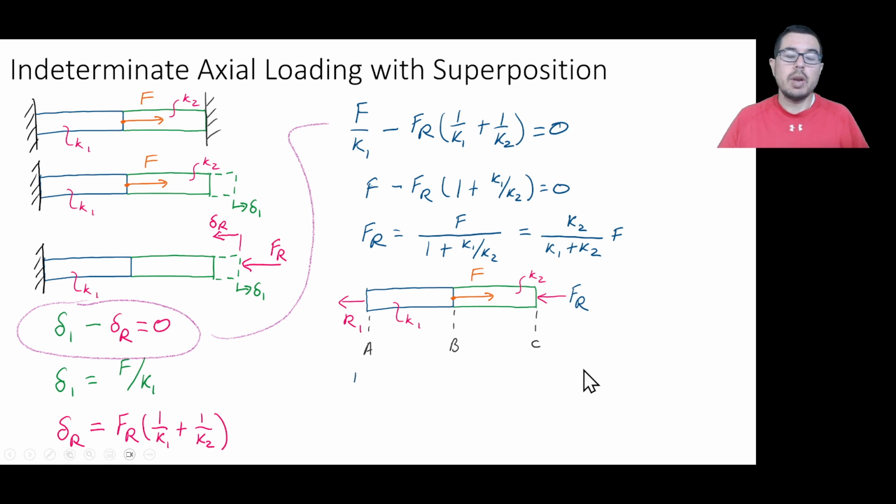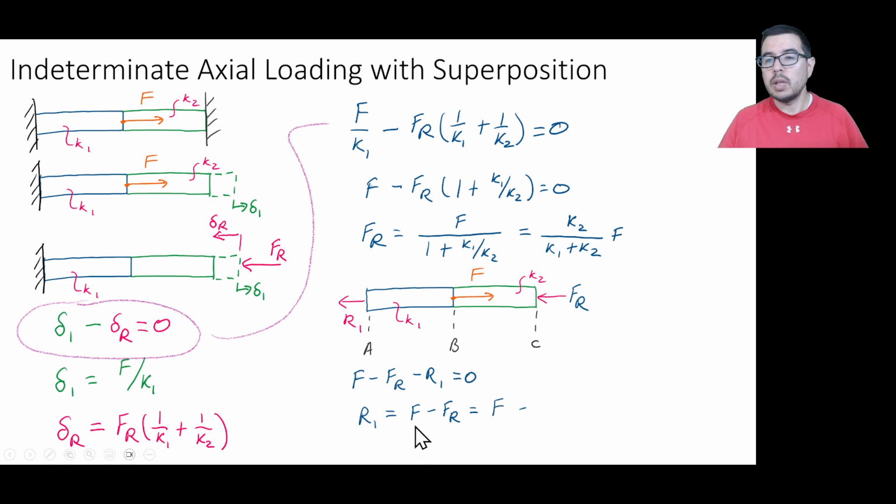So we can write out, using the equation of equilibrium for the forces from this external perspective of the system, that the force F minus FR minus R1 is equal to 0. And R1 is therefore going to be equal to F minus FR.